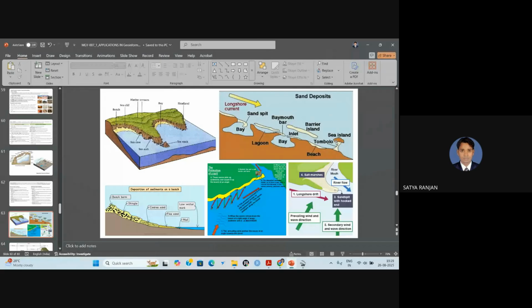Then in the rocky areas in the western area, we can find some sea caves, sea arch and sea stack, headland, and some beaches. Sea cliffs are also there. Sea cliffs are not found in the eastern coastal areas because there are not many rocky mountains.